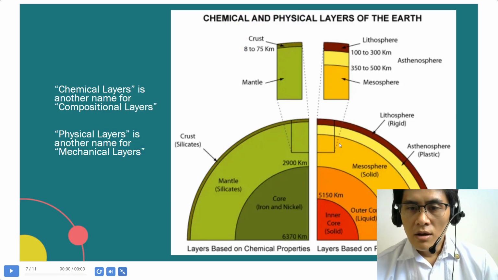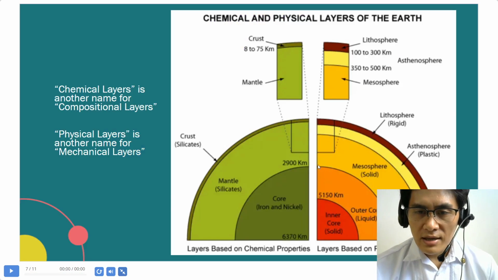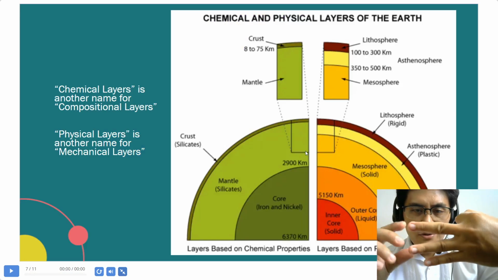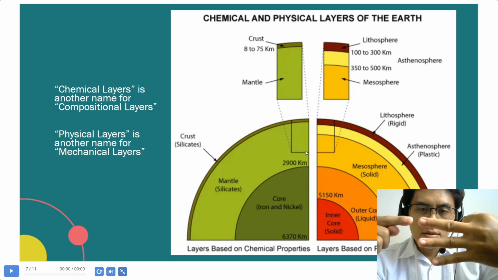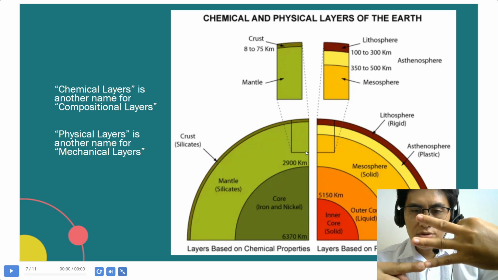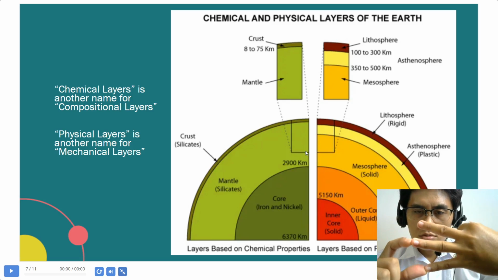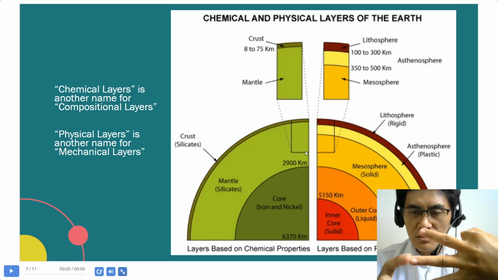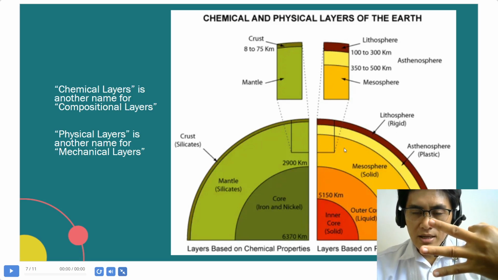So what's confusing is this: of the three layers of the mantle, uppermost rigid, asthenosphere, and mesosphere, those two are not confusing, because they are indeed mechanical layers. The mesosphere is the bottom one, and on top of that is the asthenosphere.